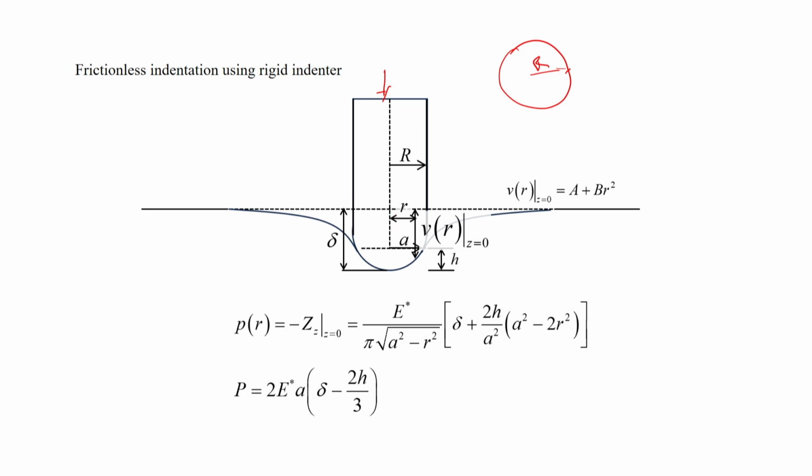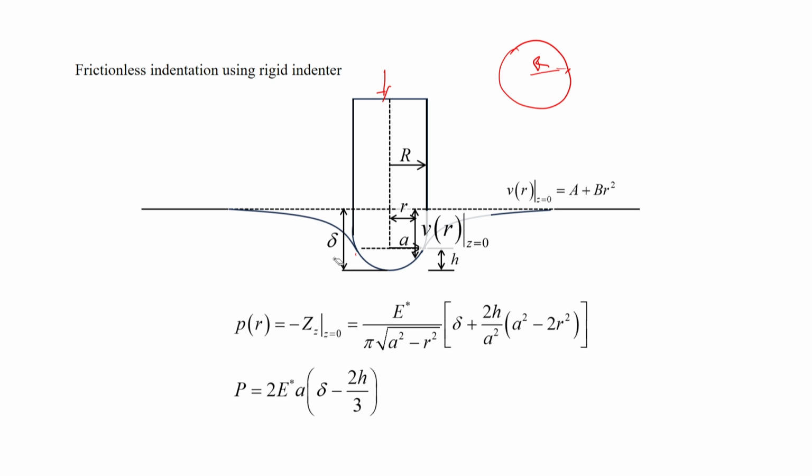The contact circle has a radius of a, and Young's modulus of this material is E, and E star is the plane strain Young's modulus. We derived this expression for the pressure in the last lecture.